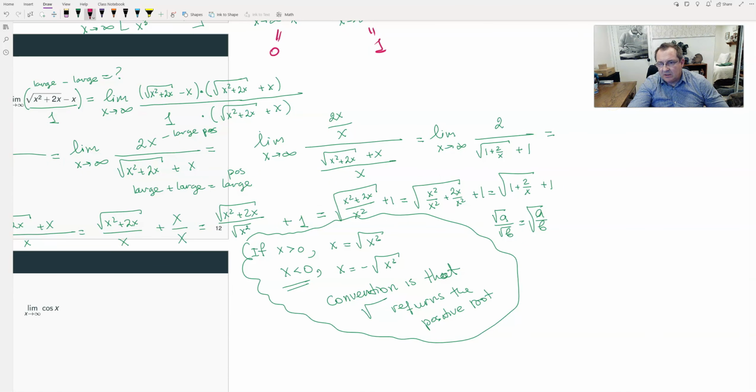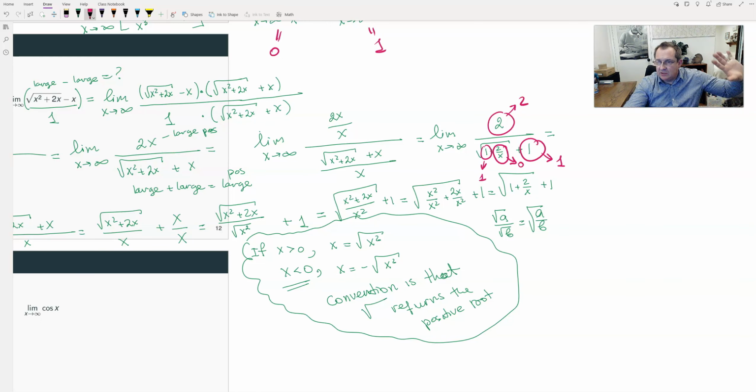And now we are ready to make the conclusion. So in particular, as x goes to infinity, 2 stays the same, 1 stays the same, 2 over x will go to 0, and 1 stays the same.